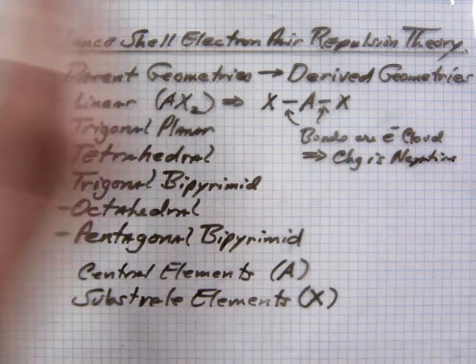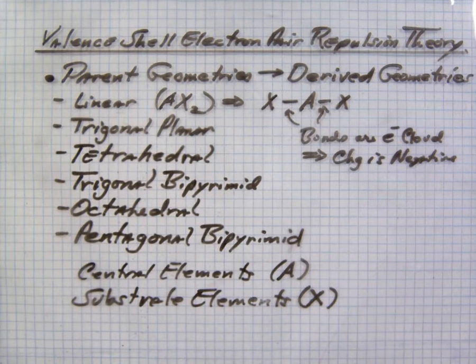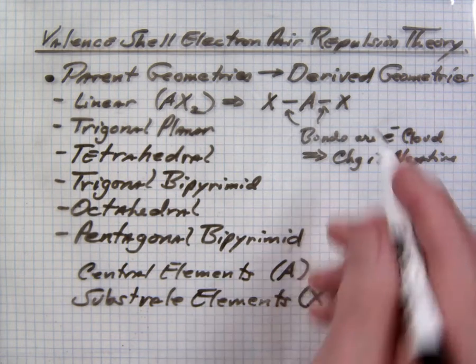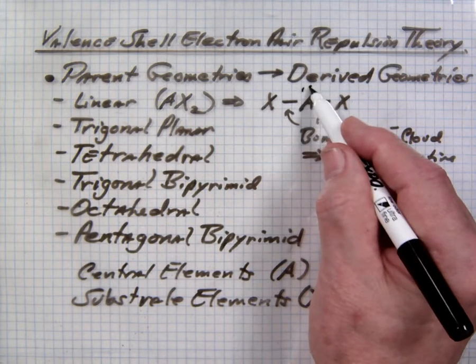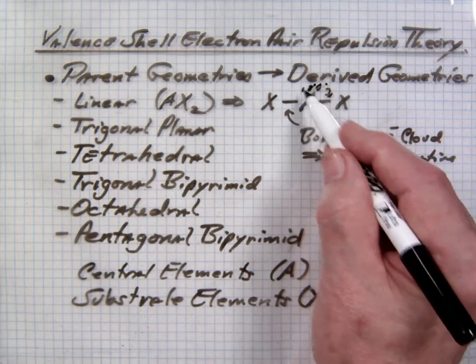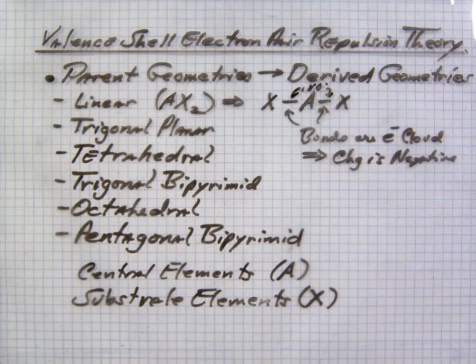So in the arrangement, when X bonds to A and another X bonds to A, the position that they would assume, by natural selection so to speak, is 180 degrees apart. That would be the minimum repulsion energy position.